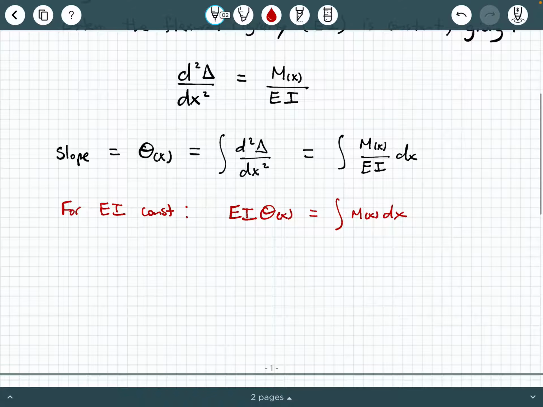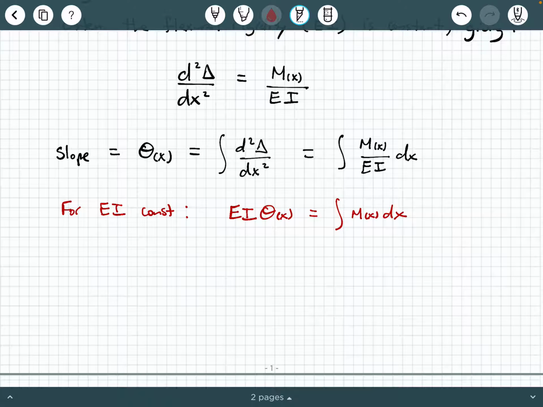What I did was I pulled the 1 over EI out of the integral, and then I cross multiplied it to the left side of the equation. So I end up with E times I times theta as a function of x. This is often a much more convenient way to express this evaluation, because you just will have the integral term with the moment function alone on one side of that equation.